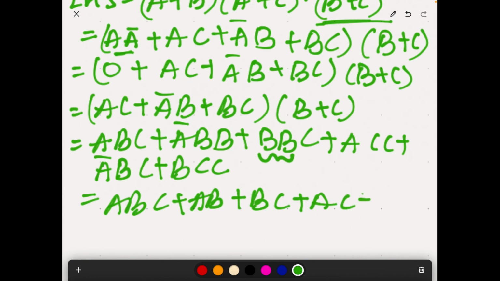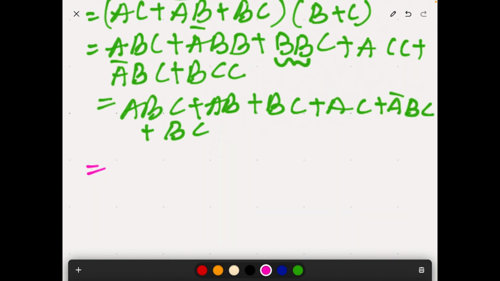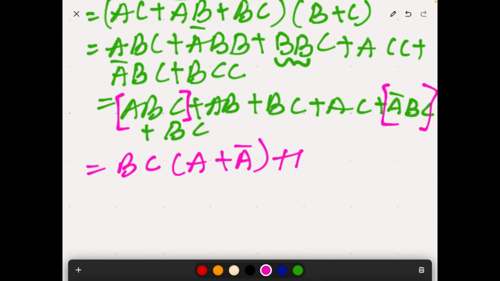AC plus A bar BC plus BC. We see these things, right? So from here, if I take BC like this and then A plus A bar, then I have got AB plus AC. Here also I have AB and AC, right? So I can have A out and then this would be B plus C, right?